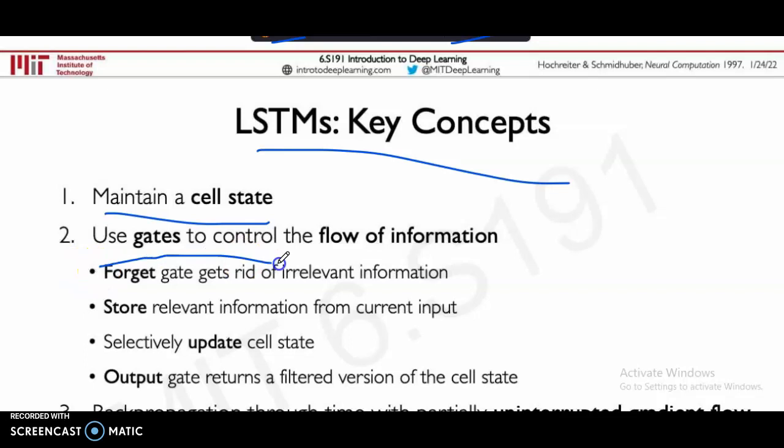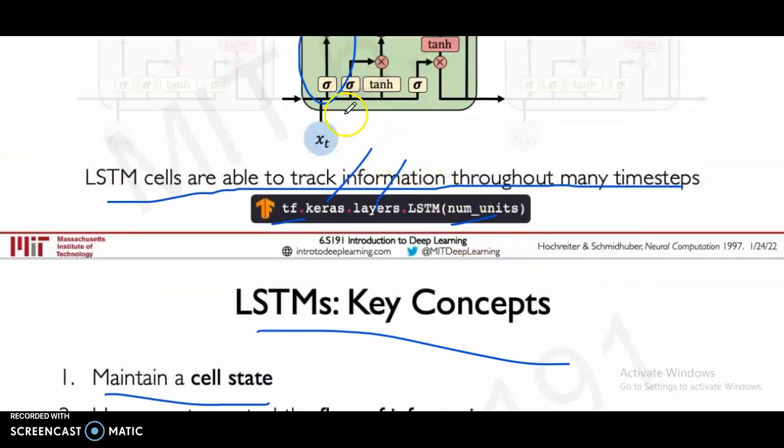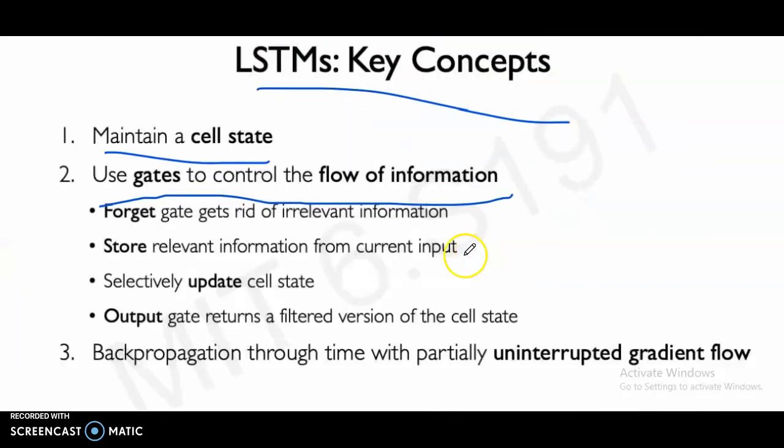Use gates to control the flow of information. The forget gate gets rid of irrelevant information. This is a very important point. The forget gate gets rid of irrelevant information.